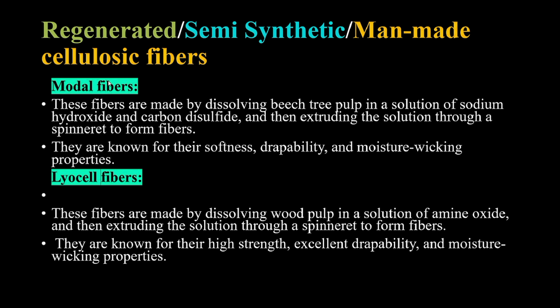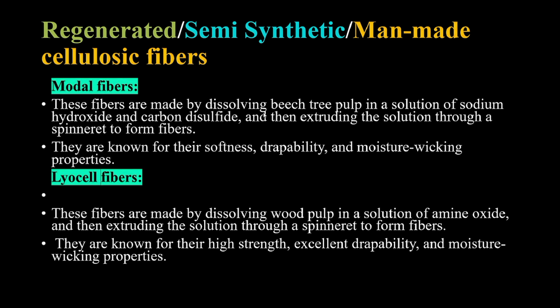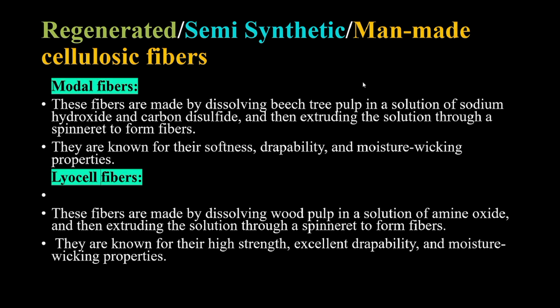Modal fiber has the same solution or the same process as viscose rayon, because sodium hydroxide and carbon disulfide are used in both cases. But the difference is that in the case of viscose rayon, wood pulp or cotton linter is used, while in the case of modal, beech tree pulp is dissolved.